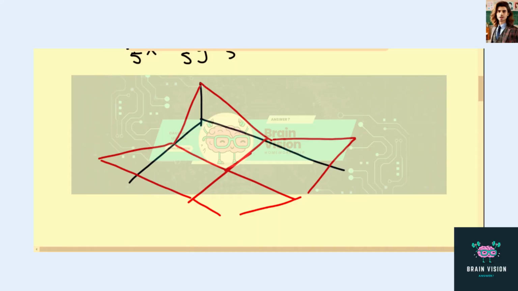Then the plane is going to slice through one side of it, and then be above, and then kind of tuck under the other side of it.